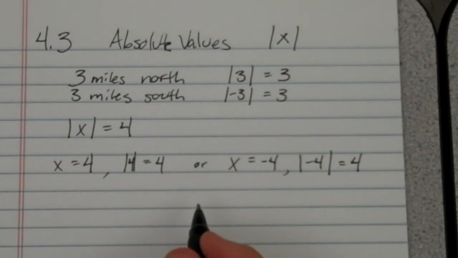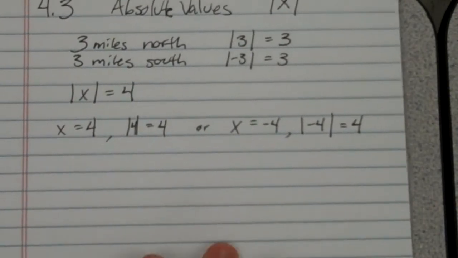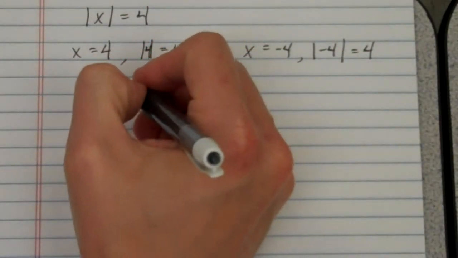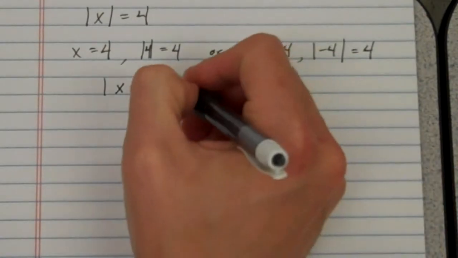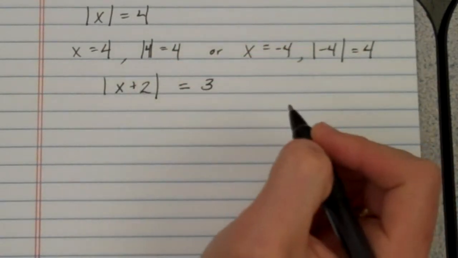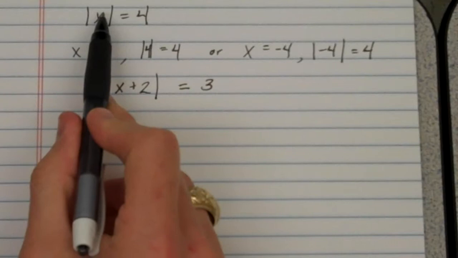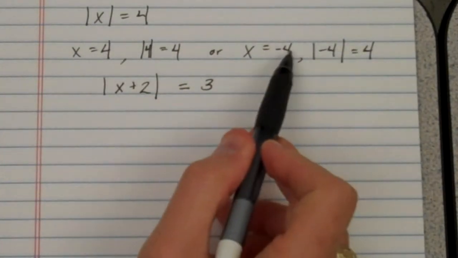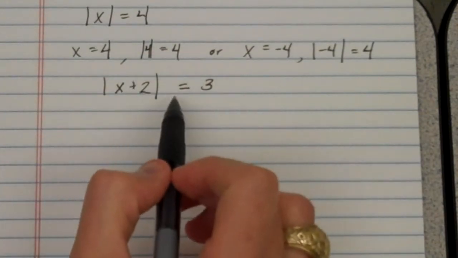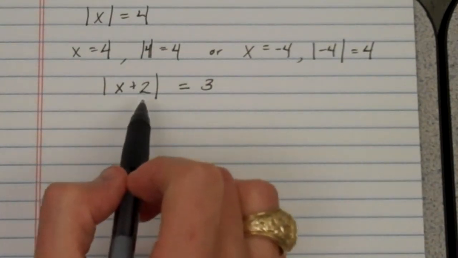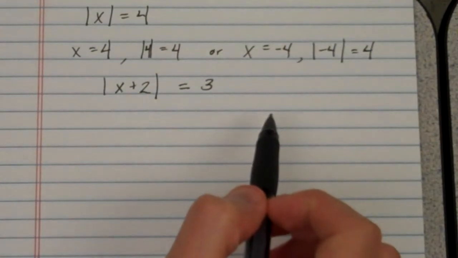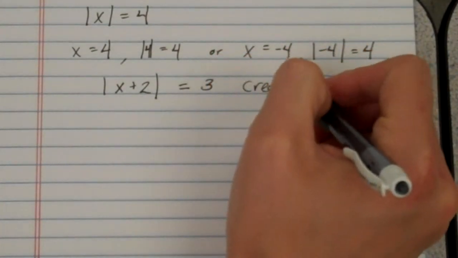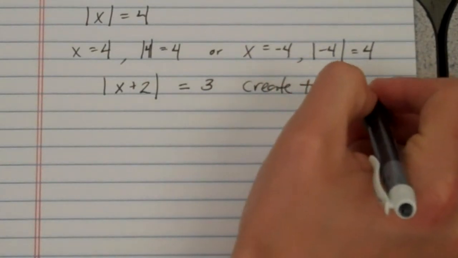So let's do a couple examples. Essentially, whenever you have a problem, let's say the absolute value of x plus 2 equals 3. Just like this, it could be positive or negative. We have to adjust to that. So every single time you have an absolute value equation, your first step is create two equations.